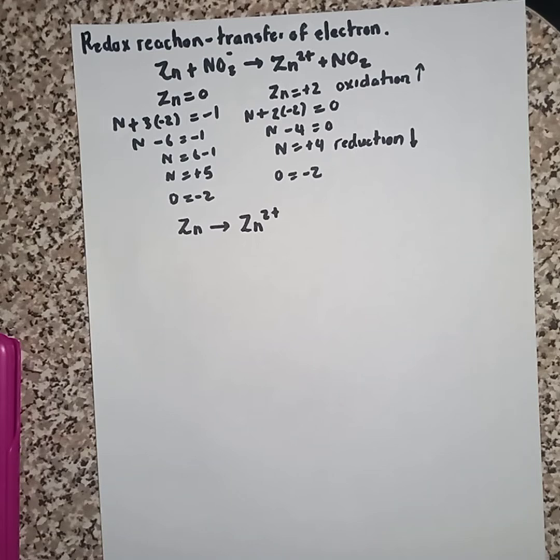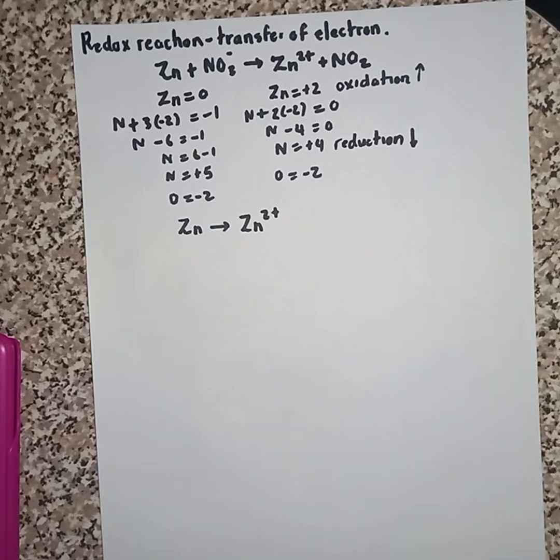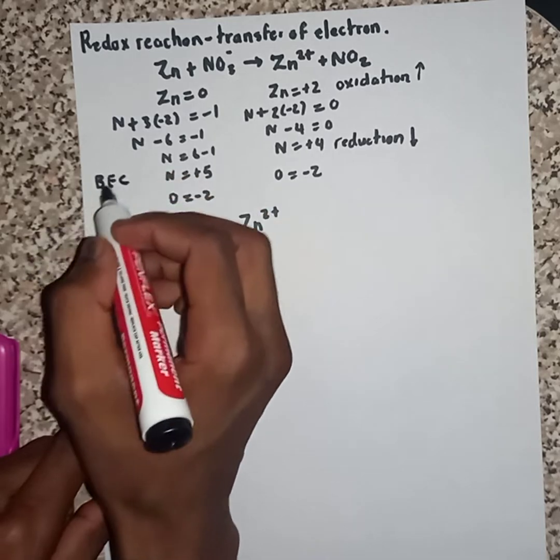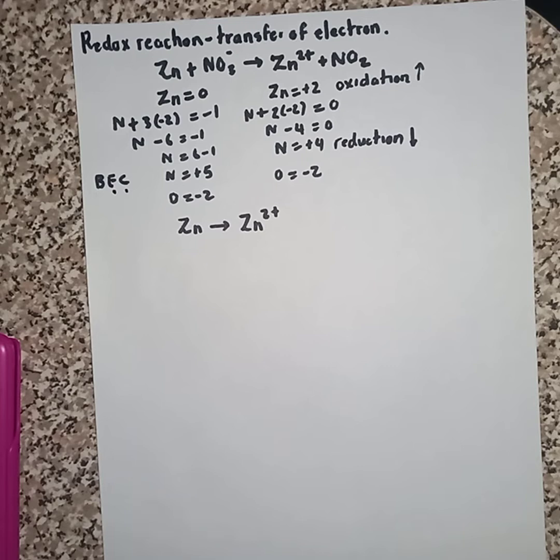How are we going to balance this? Firstly, we balance elements. Secondly, we balance charges. I normally call it pairs: we balance elements, E for element, then charges.